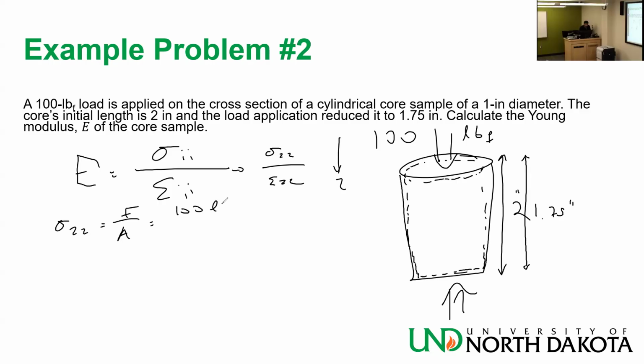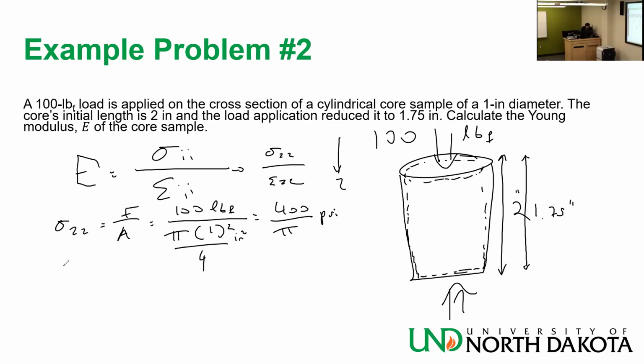So it's 100 pound force divided by the cross-section of a core, which is pi r squared or pi d squared over 4. It's easier to do pi d squared over 4 due to the numbers we are using: 1 inch squared divided by 4. So the result is 400 divided by pi pounds per square inch, psi.